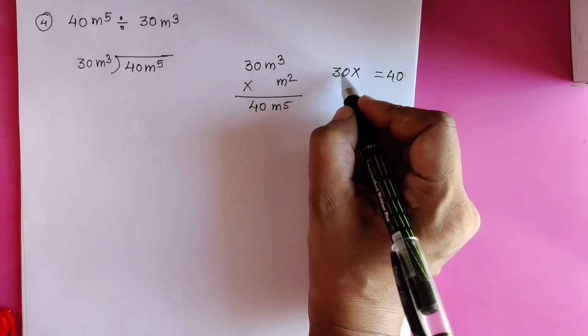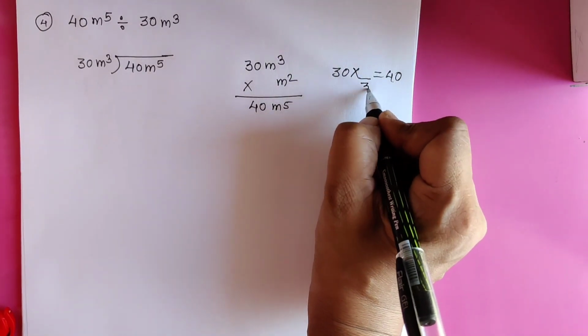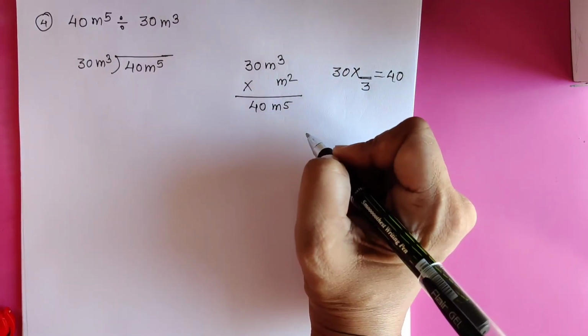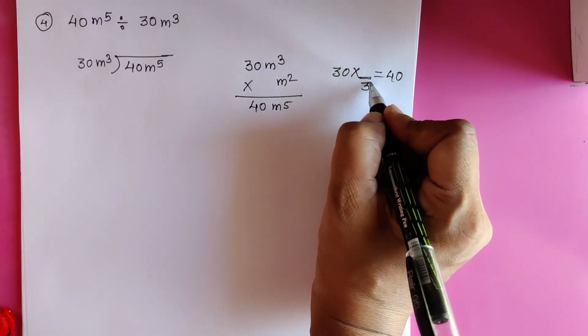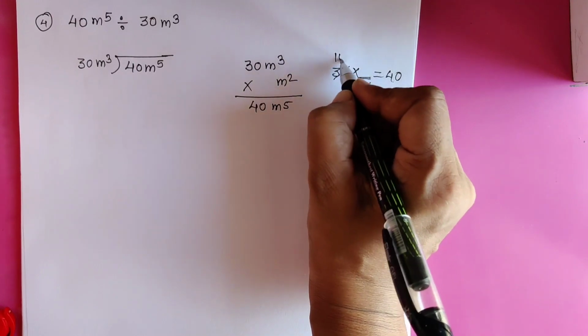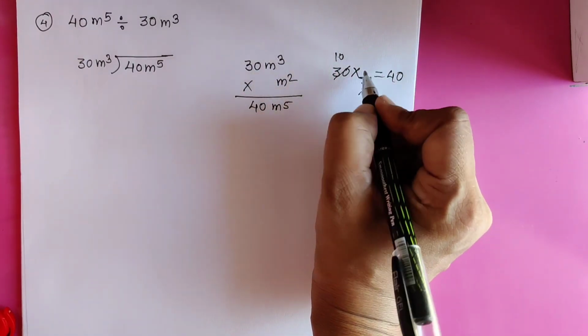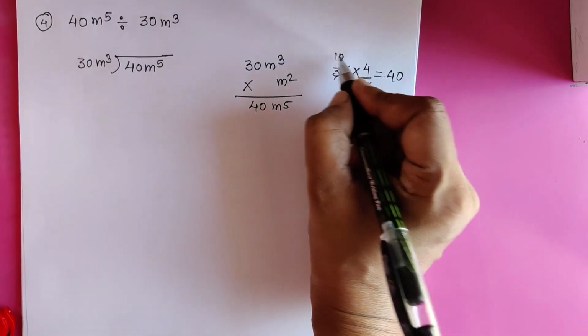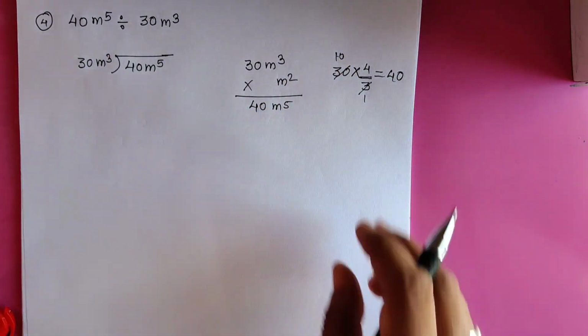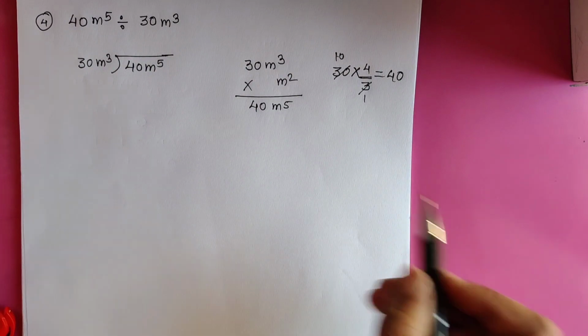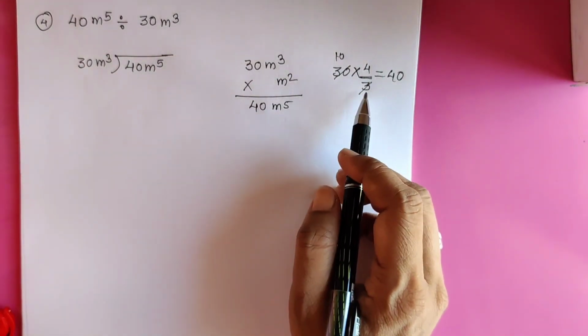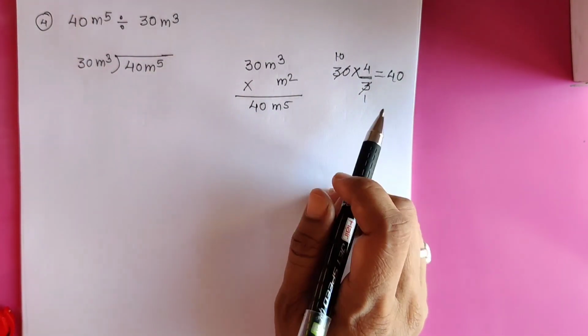So if you divide 30 by 3, you get 10. Correct? 3 ones are 3 and 3 tens are 30. And then as we are getting 10 here, we require 4 to multiply. So 10 fours are 40. In this way you can find out the fraction. That means 30 multiplied by 4 upon 3, we get the answer as 40.